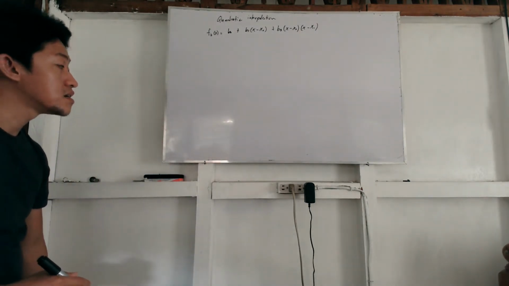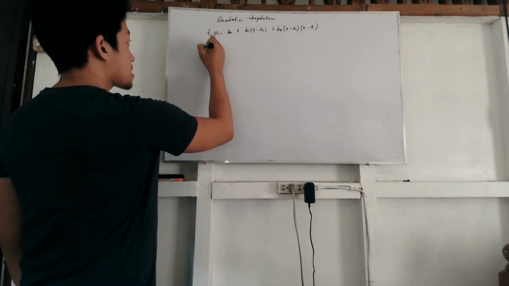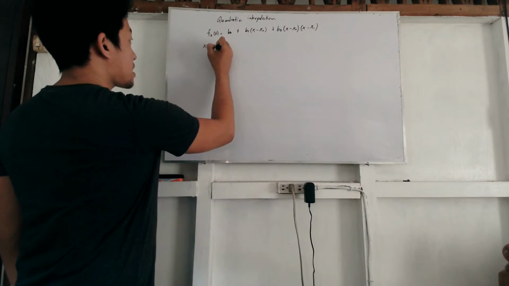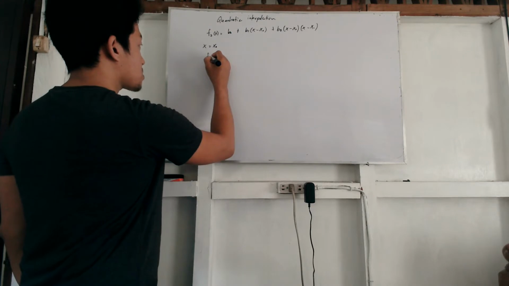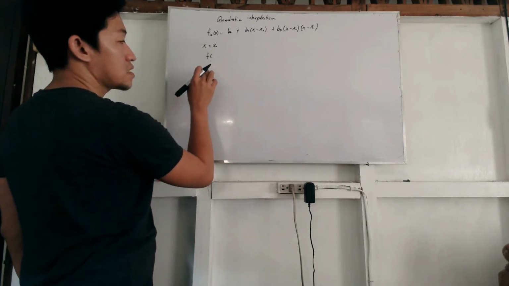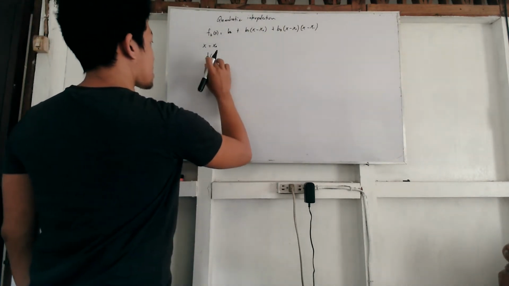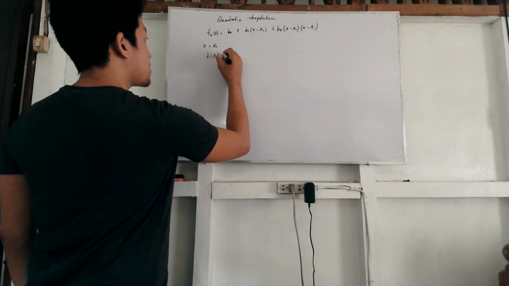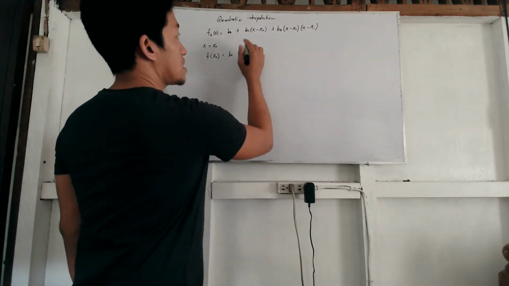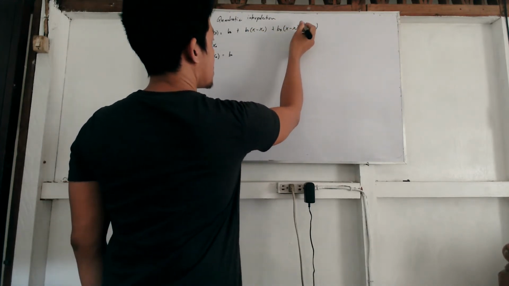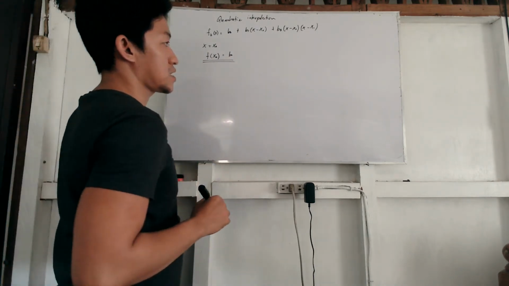Okay, so the first thing that we do is we substitute x to be x sub 0. So f of x sub 0 is equal to b sub 0. In this one, this becomes 0, also 0. Therefore, we now have this value.